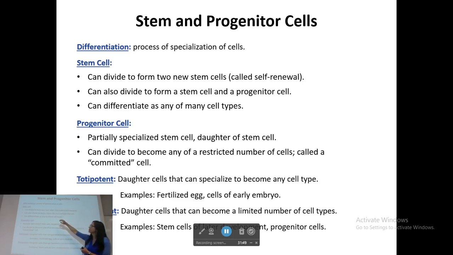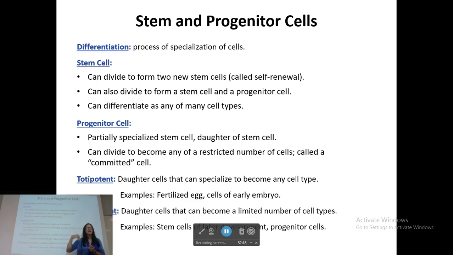So stem cells have the ability to divide to form new stem cells, okay? And stem cells are undifferentiated. They have that self-renewal. A stem cell can also divide to produce a stem cell and a progenitor cell. Okay, and a progenitor cell is a cell that's just slightly more determinate.